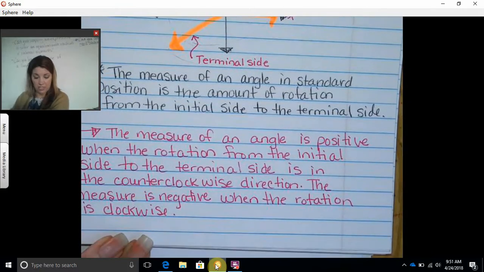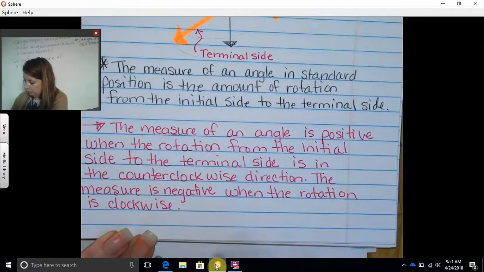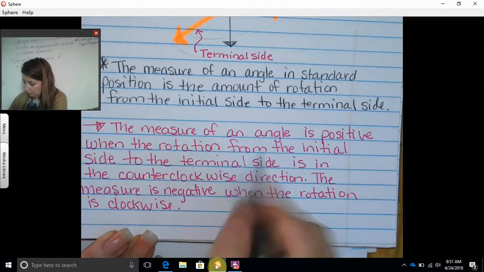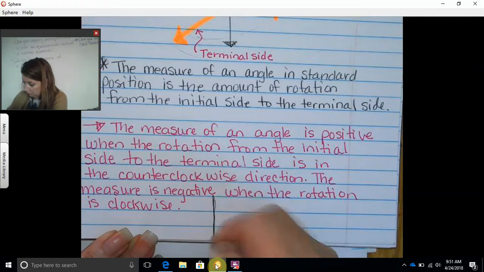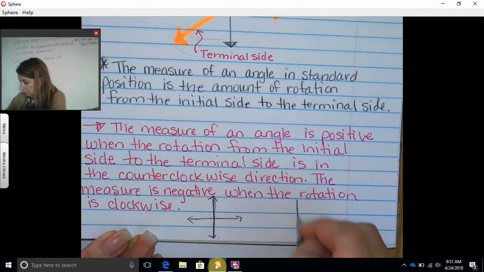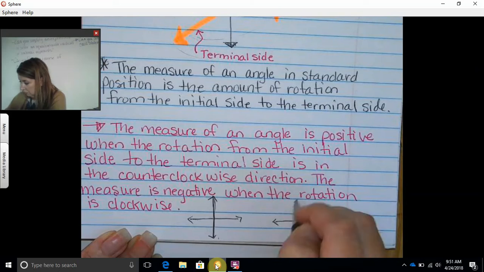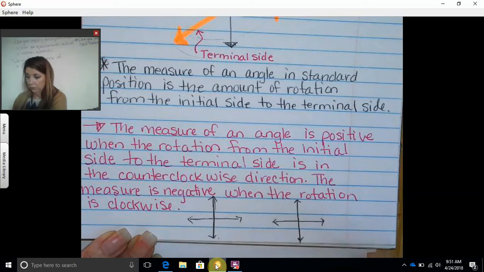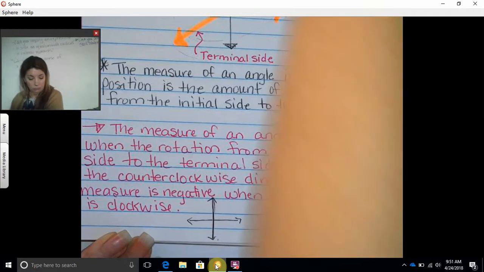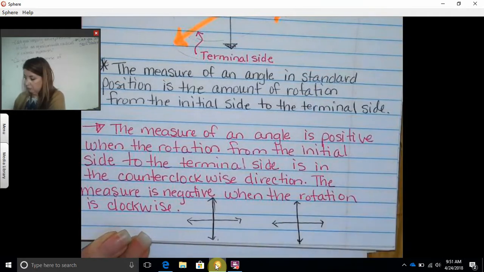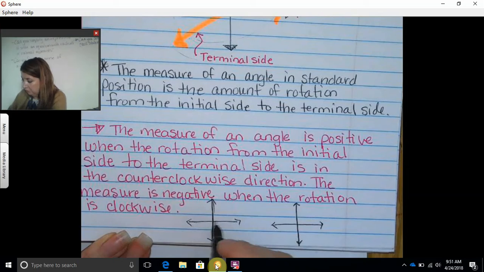So let me draw two little easy diagrams for you down there. So here's my initial side.